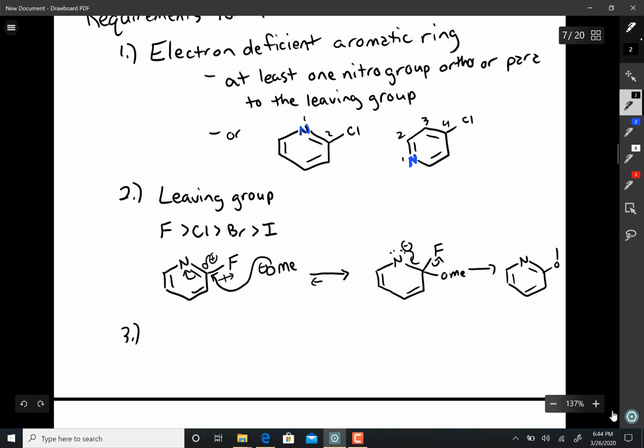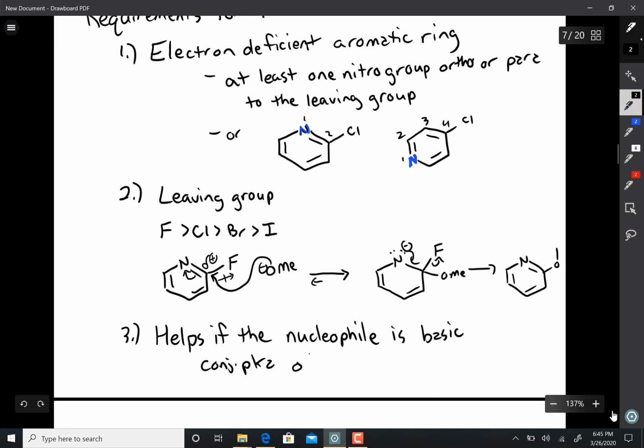Next requirement is it really helps if the nucleophile is basic. So a conjugate acid pKa greater than or equal to 10.